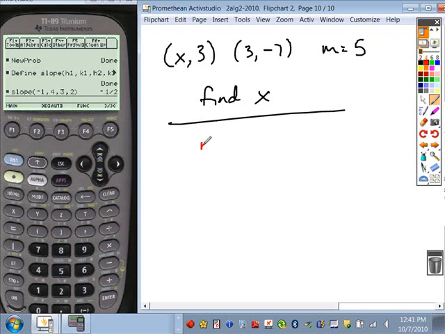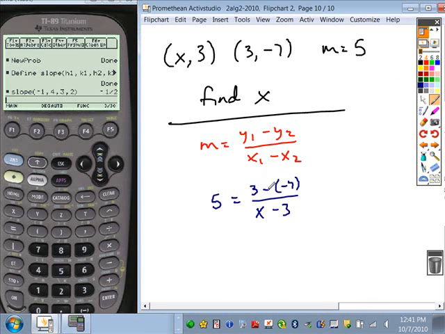Write your slope equation. M equals the difference of y's over the difference of x's. Substitute in the values that you know. So our m value is 5. Our y's are, let's say, 3 minus a -7. Our x's are, when they correspond, x minus a 3. When you subtract a negative, it's equivalent to adding the opposite.